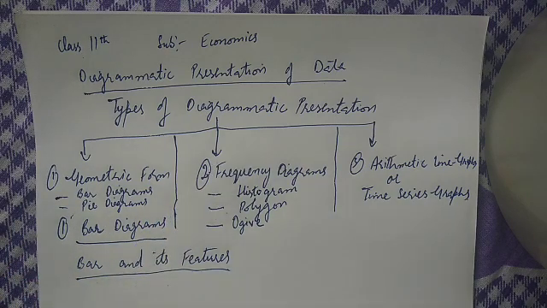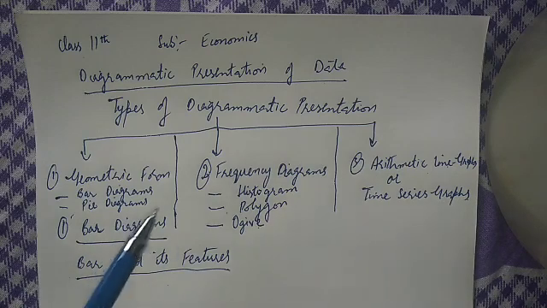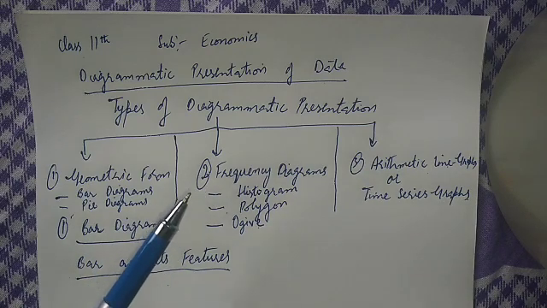Second is frequency diagrams, including histogram, polygon, and ogive. And third one is arithmetic line graphs or time series graphs. See, this chart shows different types of diagrammatic presentation.